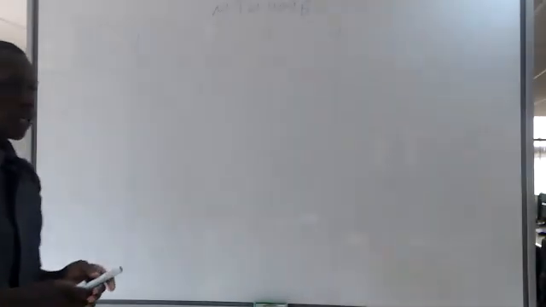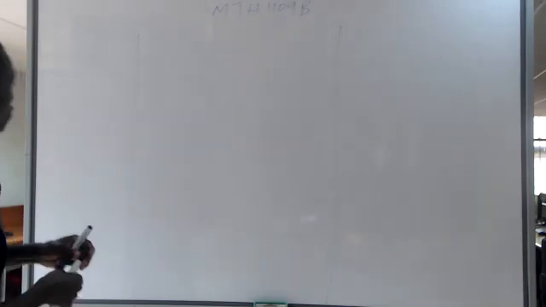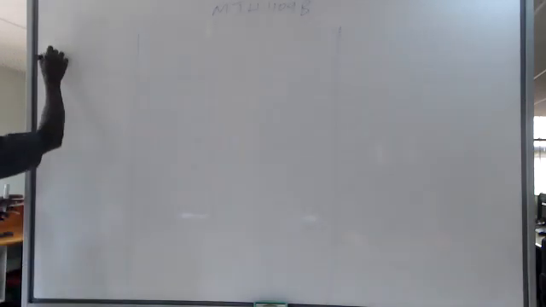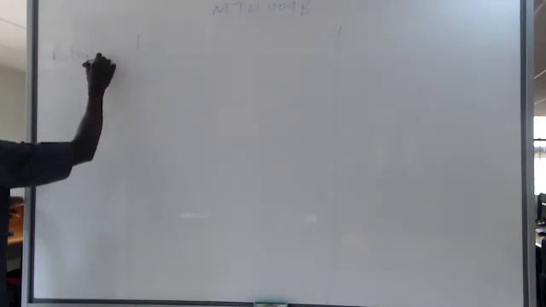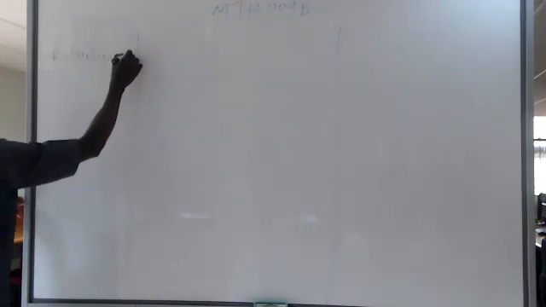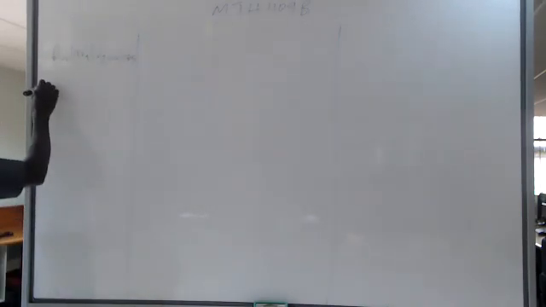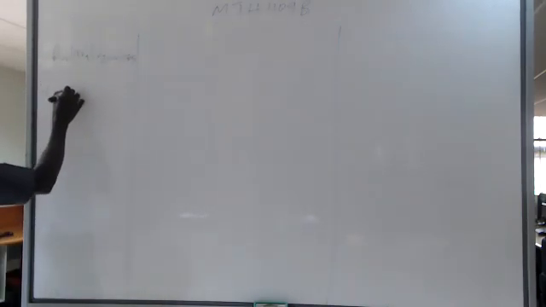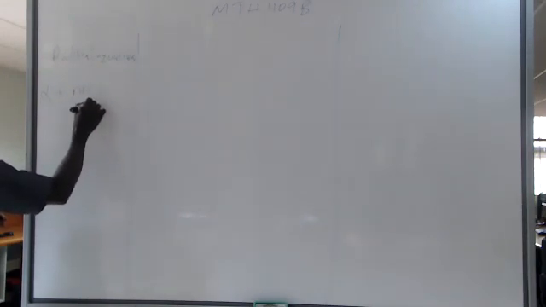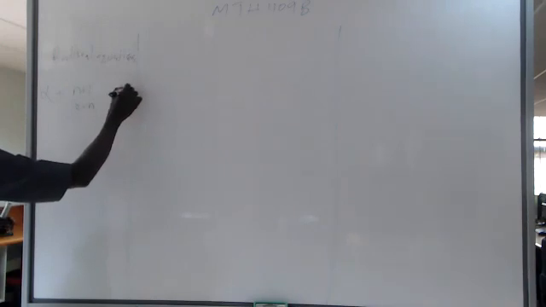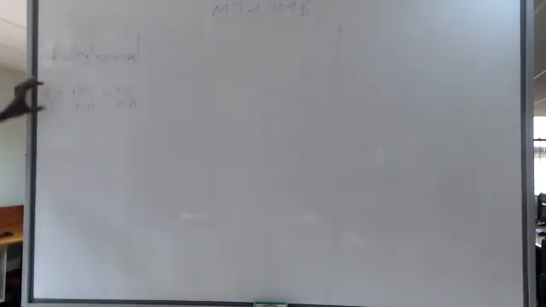Now today, I want us to proceed with the discussion on rational expressions, or rational equations. The last statement I made was that alpha divided by x minus n plus 1 divided by x minus n is alpha plus 1 divided by x minus n, in general, for any real number alpha.